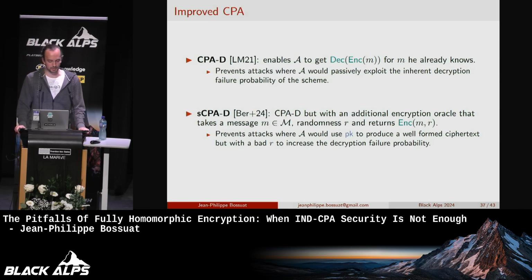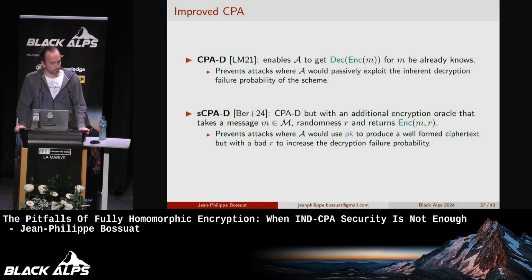So we have seen IND-CPA security, which enables the adversary to get encryptions of messages it already knows. This was supposed to prevent attacks where the adversary would exploit the inherent decryption failure probability of the scheme. This year, it was shown that this is not even sufficient when the adversary can produce valid ciphertexts with a public key.